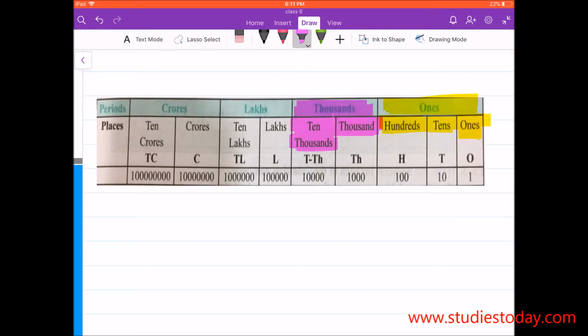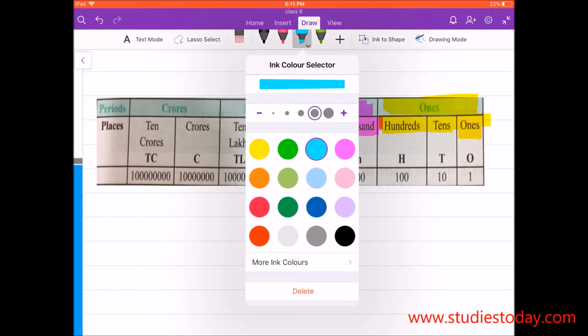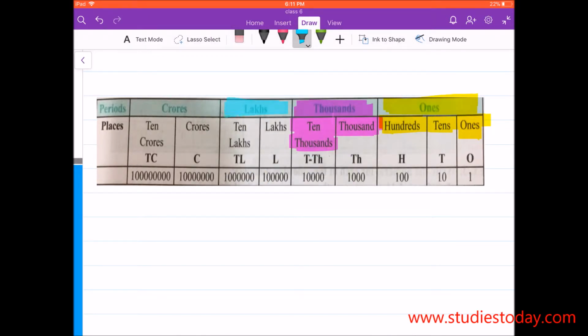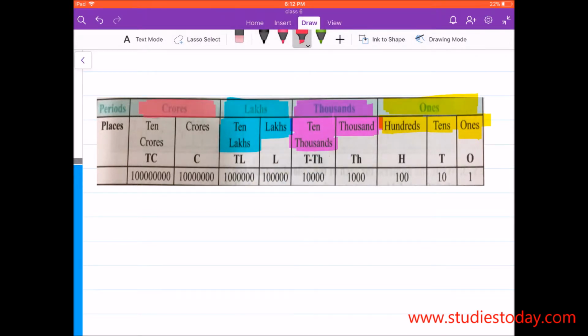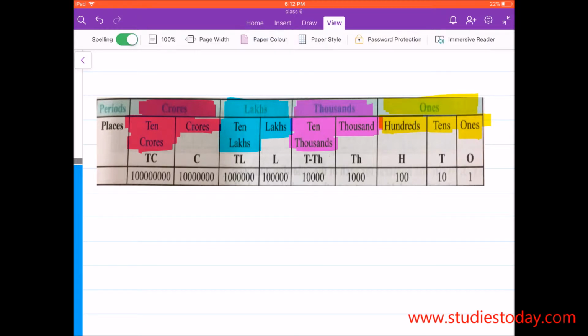After that, when we move ahead, we get lakhs, and under lakhs we have lakhs and ten lakhs, and then the next that we move forward is crores. Under crores I have crores and ten crores. Okay, clear children?